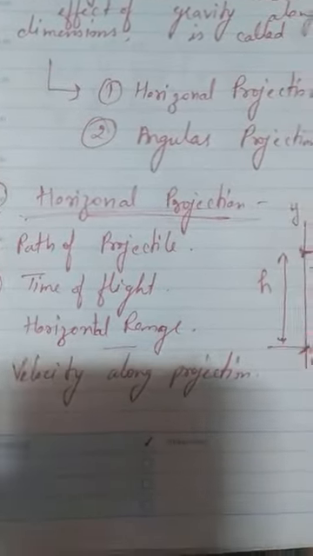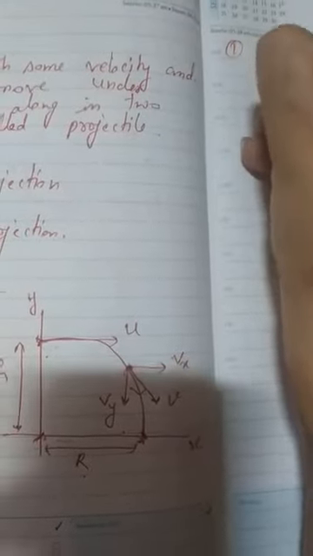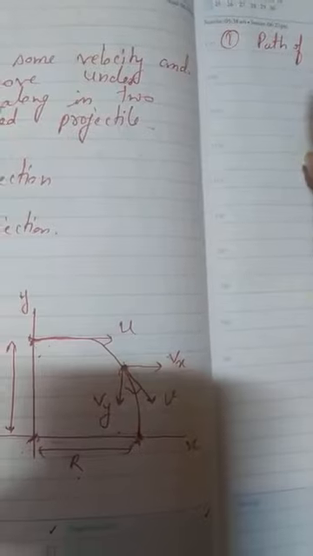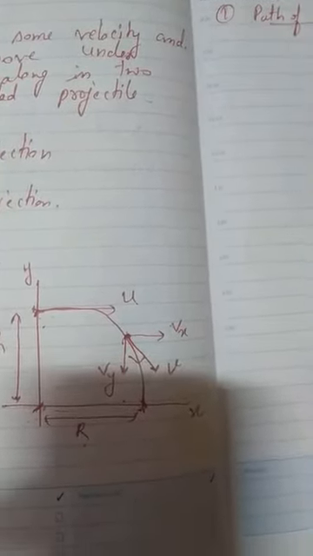Clear now? First we are starting with path of projection. How we can find path of projection? Along x-axis and along y-axis, what will be path during the projection?